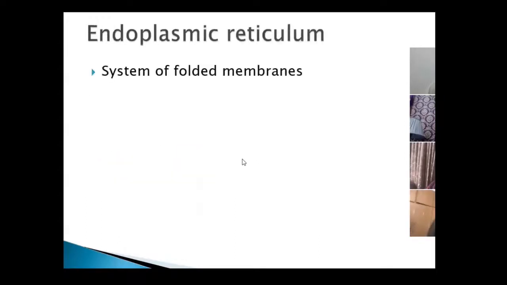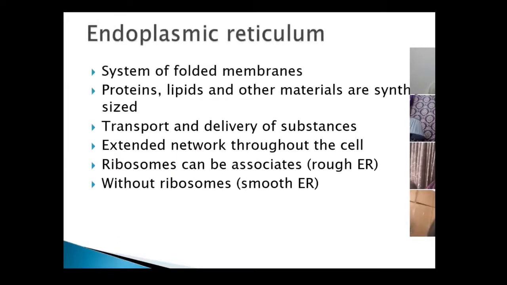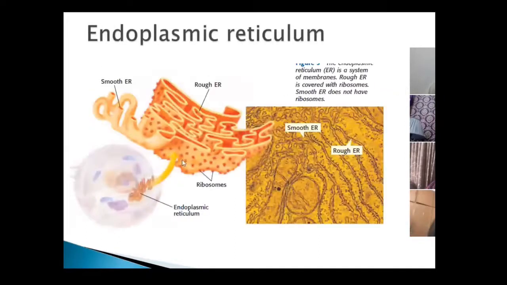Now, Fazila, this will conclude everything. The rough endoplasmic reticulum contains ribosomes on its surface. So look at those beads, 1 dot, 2 dot, 3 dot, 4, so many dots out there. These dots are actually ribosomes. So what that means? These are the places where protein is synthesized.